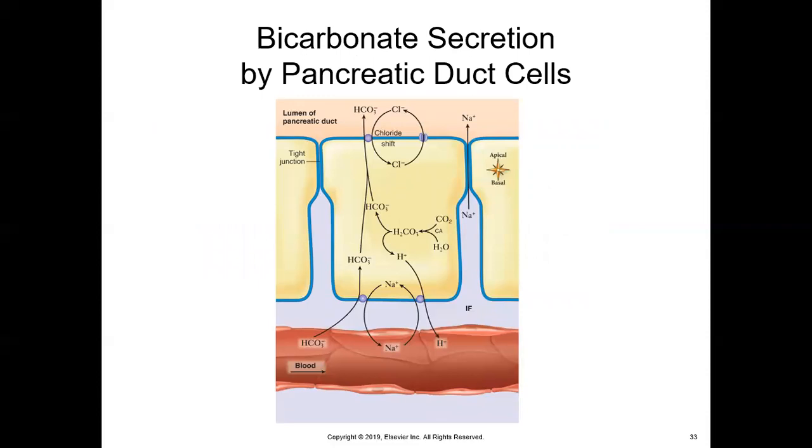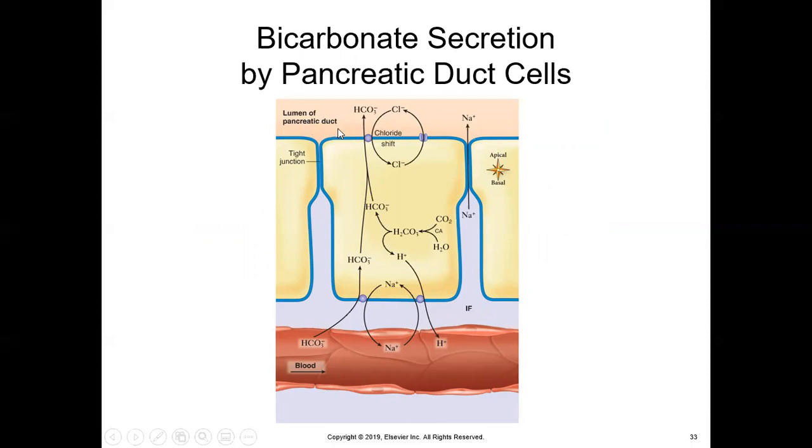Then it talks about the bicarbonate secretion. This is just saying that in the pancreatic duct, bicarb is produced to be sent to the duodenum.